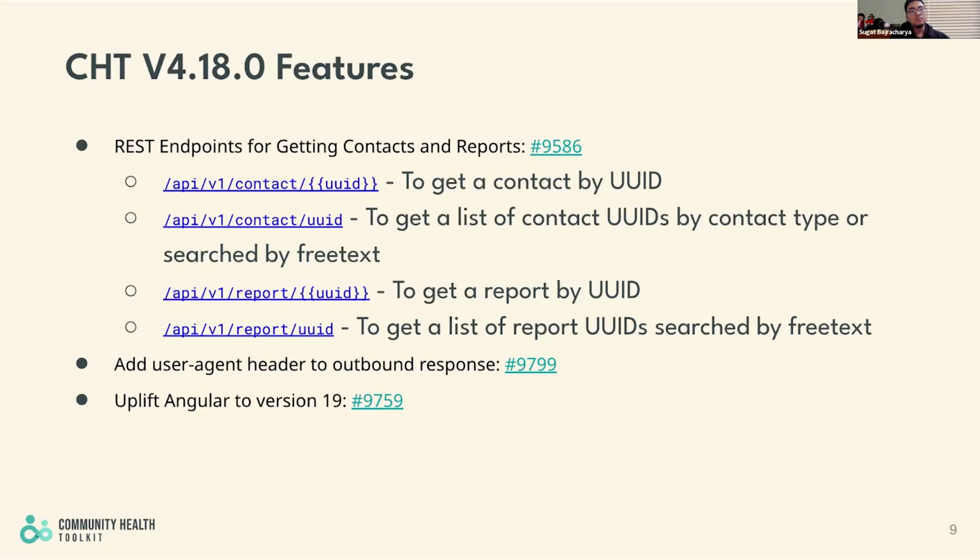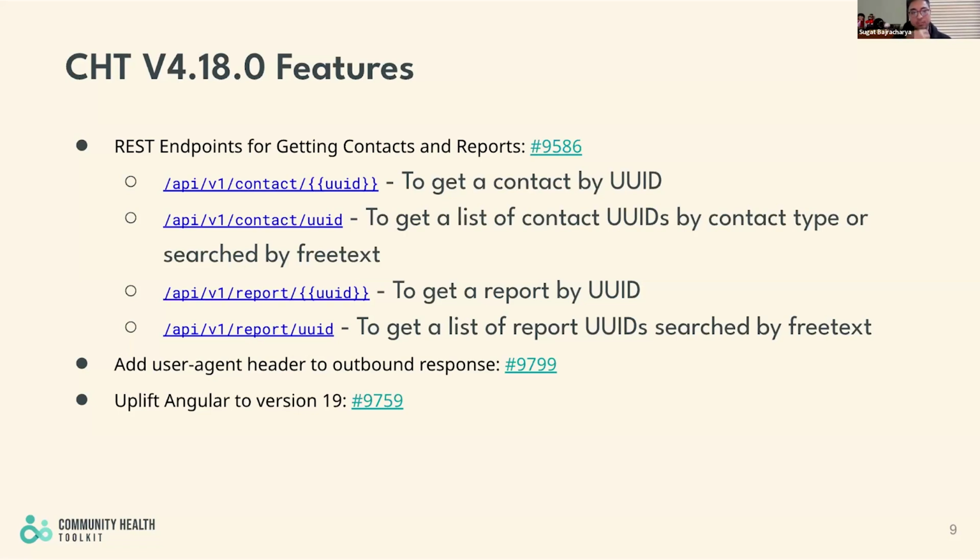And the third endpoint that was added is slash API slash v1 slash report slash UUID placeholder. It returns a report by source by UUID. And similar to contact, it returns the detail of the report that was found. And the fourth endpoint is slash API slash v1 slash report slash UUID. This is to get a list of report UUIDs which are found by the past free text.